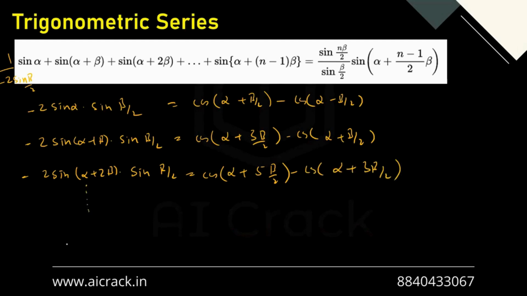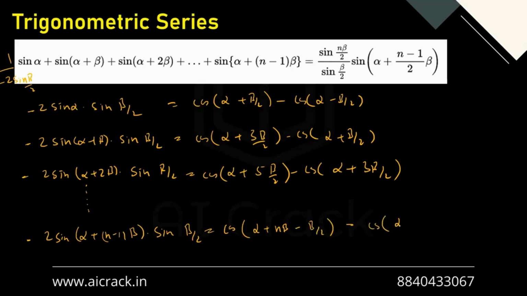Now if we extrapolate this for the last term, we'll be getting minus 2 sine alpha plus n minus 1 beta dot sine of beta by 2. So we'll be writing it as cos of A minus B and cos of A plus B. So this would become cos of alpha plus n beta minus beta by 2 minus cos of alpha plus n beta minus 3 beta by 2.